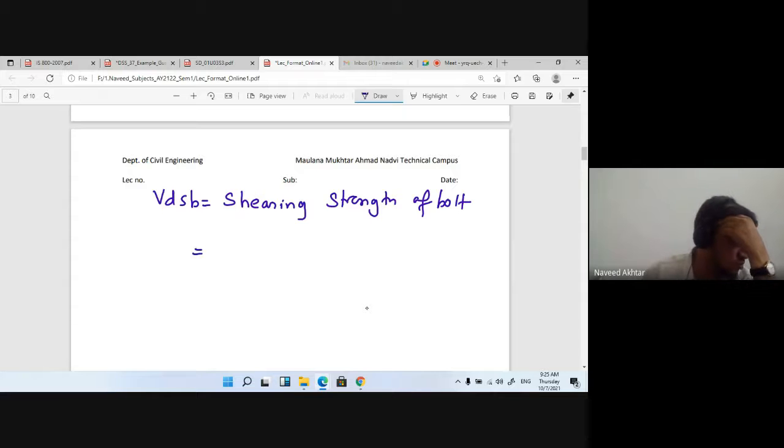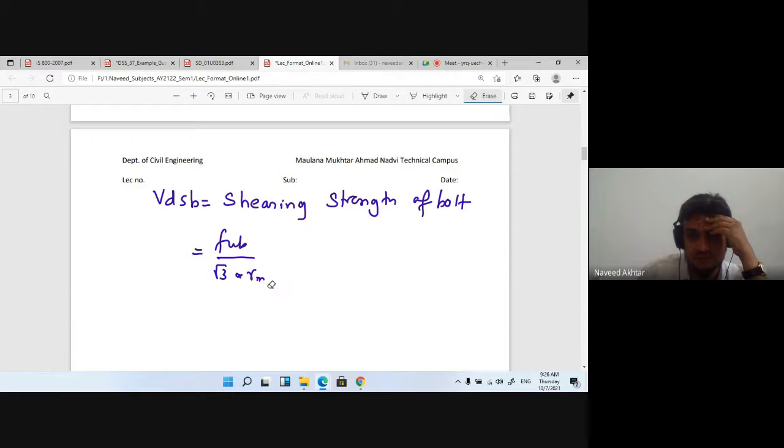I will write down the formula first: VDSB is equal to FUB upon root 3 into gamma M0, or gamma M1, because here ultimate load is there, so you can write gamma M1.